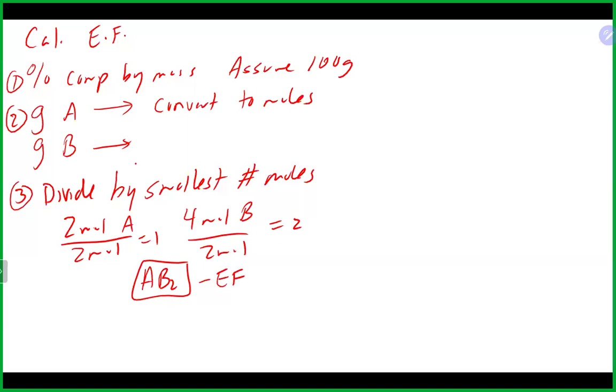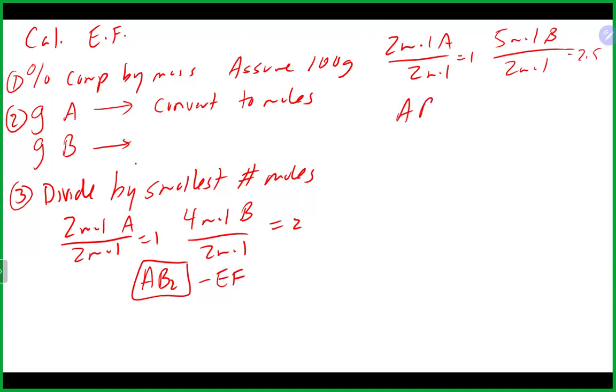Now, if you do the division and you do not end up with whole numbers, remember you do need to multiply it by a number to get to a whole number. So again, if you ended up with 2 moles of A and 5 moles of B, you divide by 2 moles. You end up with 1 and you end up with 2.5.